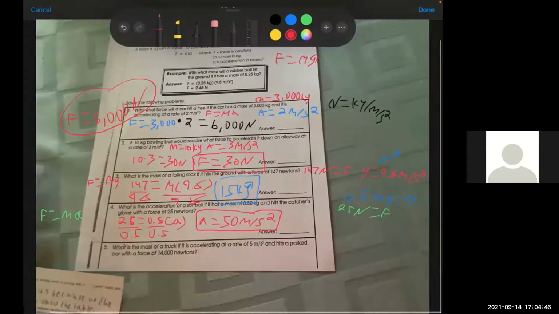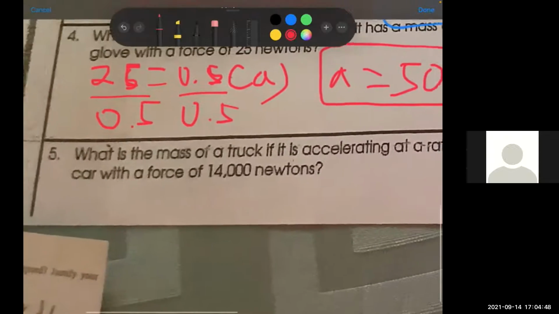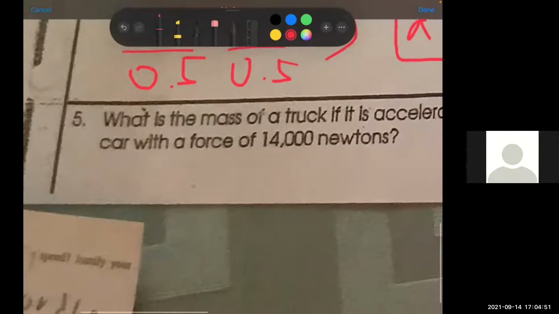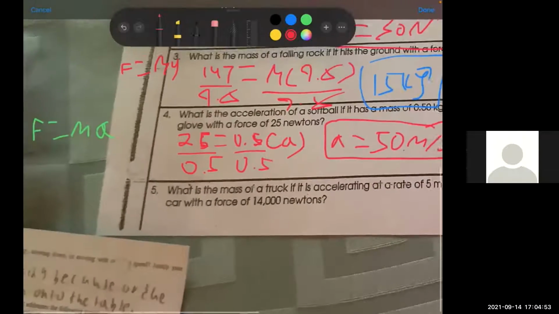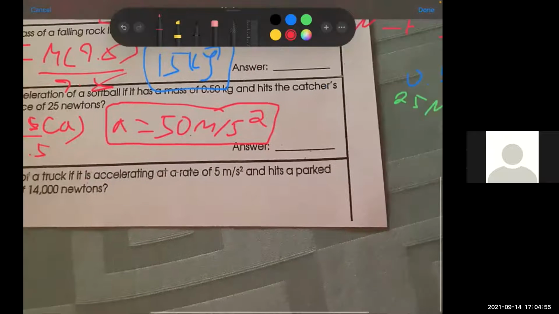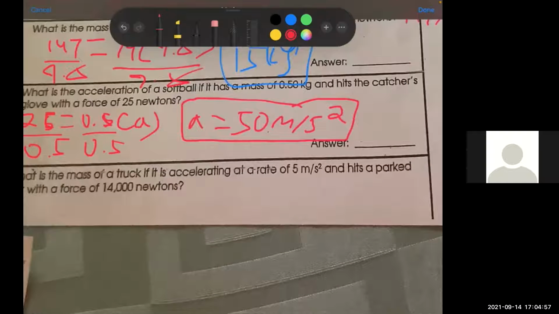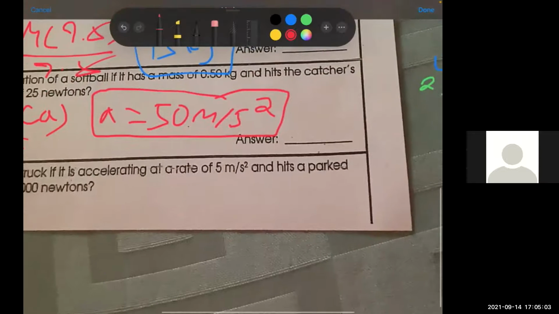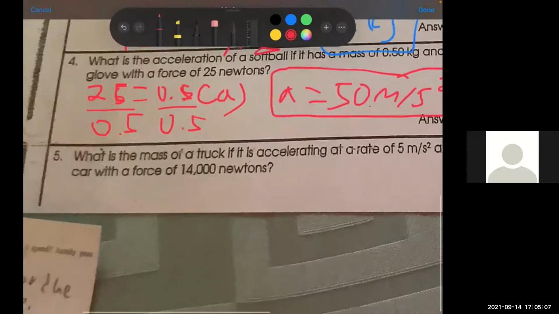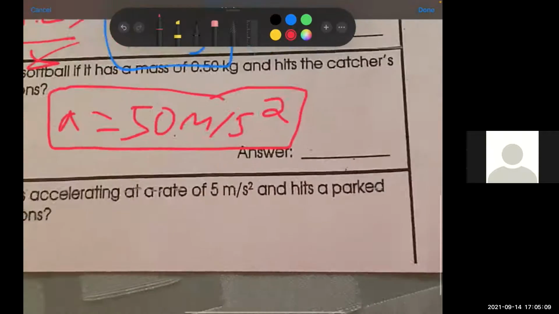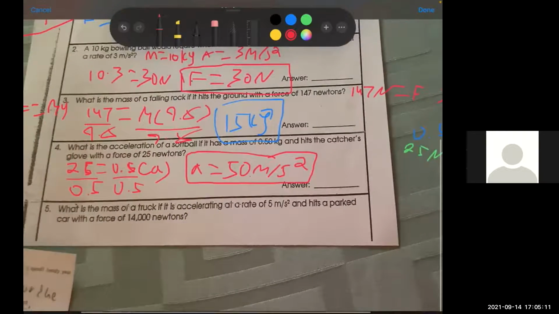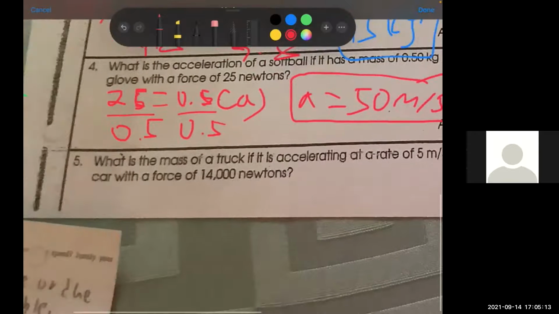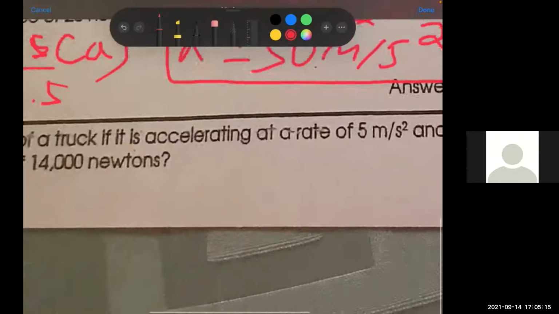Now, we're going to go to our last question here. What is the mass of a truck if it is accelerating at a rate of 5 meters per second squared and hits a parked car with a force of 14,000 newtons?